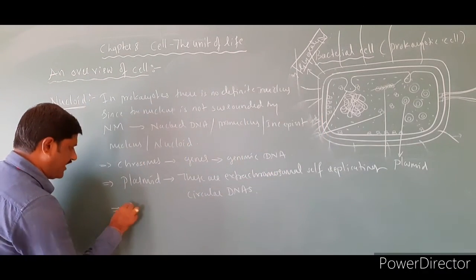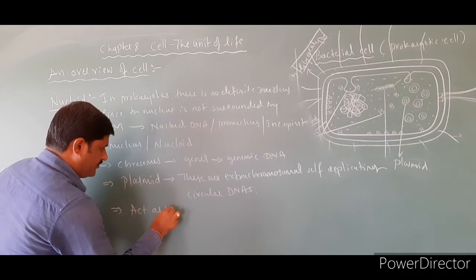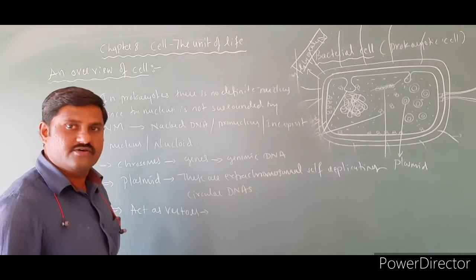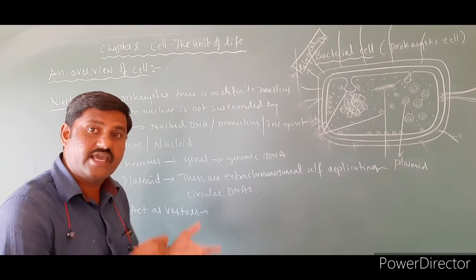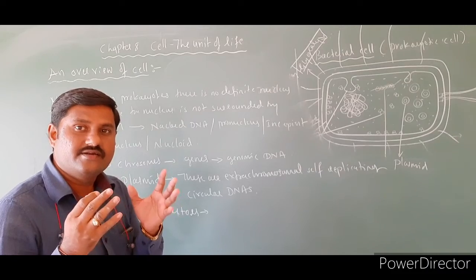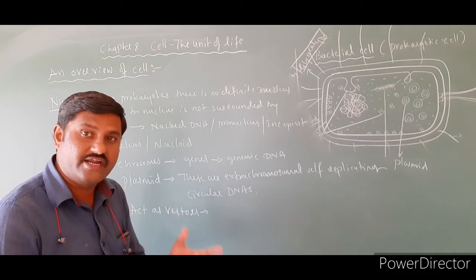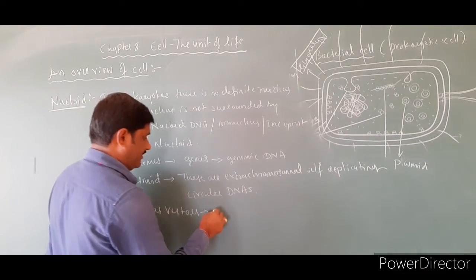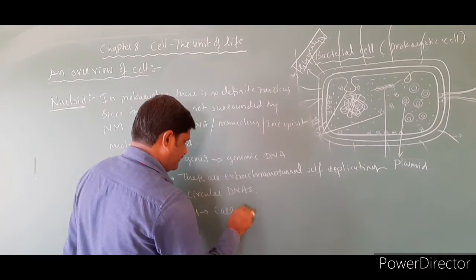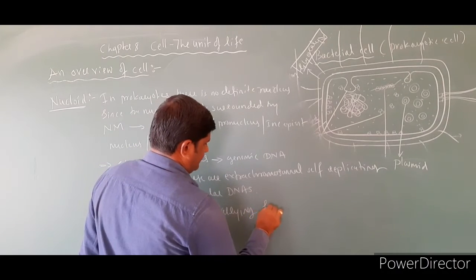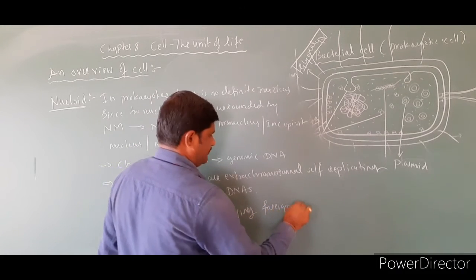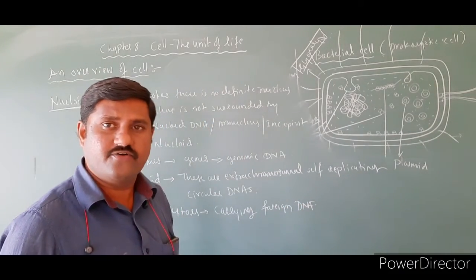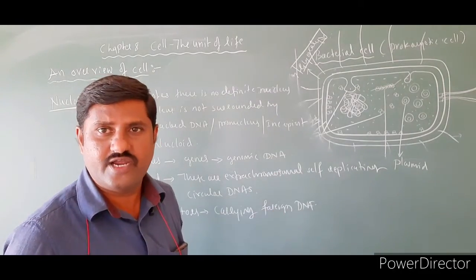What do plasmids act as? They act as vectors. Vectors are those structures which can carry other DNA or foreign DNA from one organism to another organism. So they help in carrying foreign DNA from one organism to another.